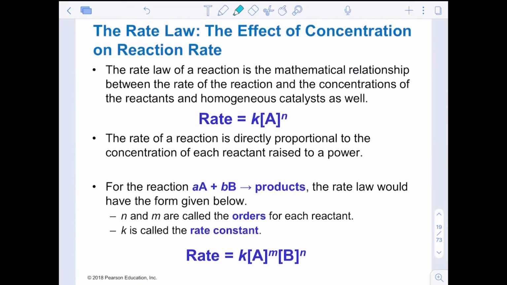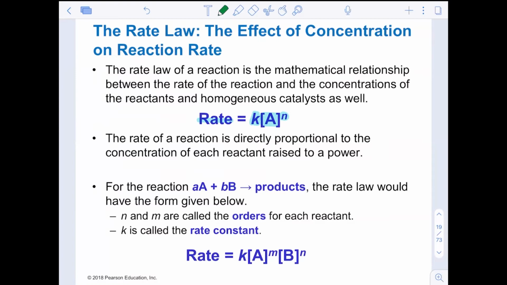Rate laws are written as this: rate is equal to a constant k times the concentration of reactant to the power of n. And that power of n tells us the proportionality. The rate of the reaction is directly proportional to the concentration of each reactant raised to a power.